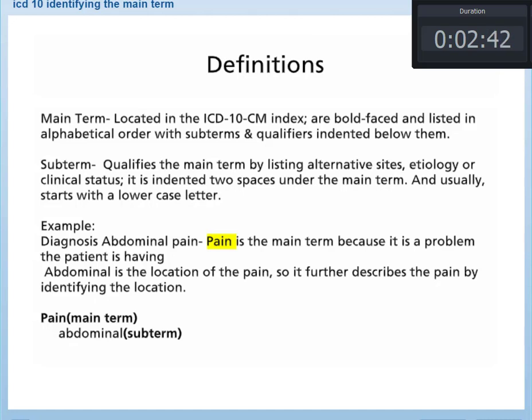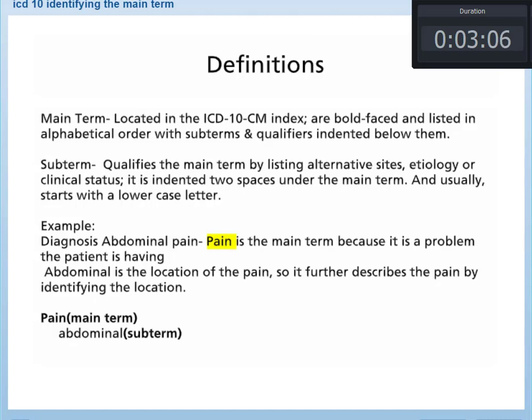They are bold-faced and listed in alphabetic order with subterms and qualifiers indented under them. And then you'll find subterms that qualify the main term by listing alternative sites, etiology, or clinical status. A subterm is indented 2 spaces under the main term and usually starts with a lowercase letter.